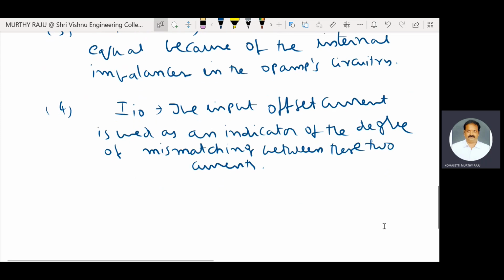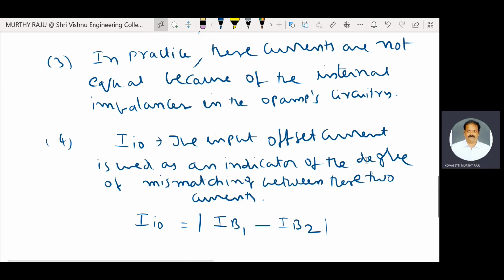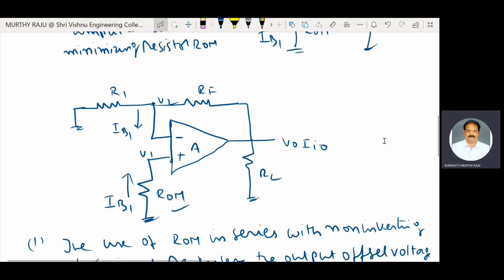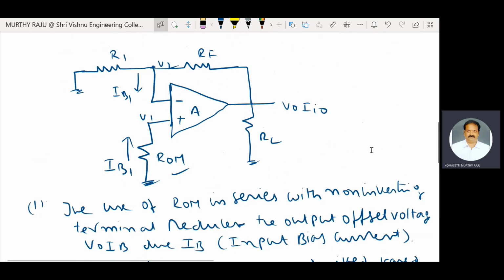Therefore, the input offset current IIO is the algebraic difference between the two input bias currents, IB1 minus IB2. With the help of this circuit, I have to determine V0 due to IIO.